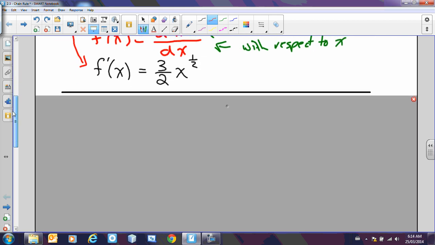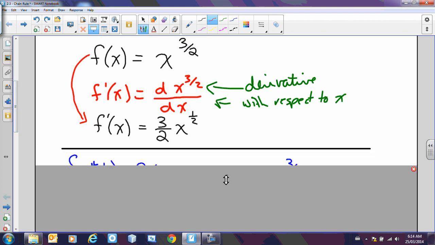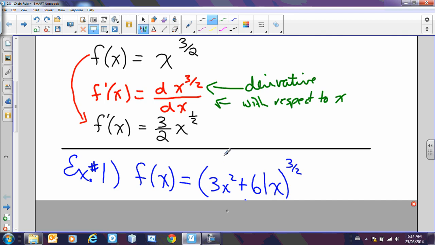So the question becomes then basically, how does that affect a more complicated question that looks to be in a similar form, something like this? Hopefully you can see that in this expression, I have this thing to the exponent 3/2.